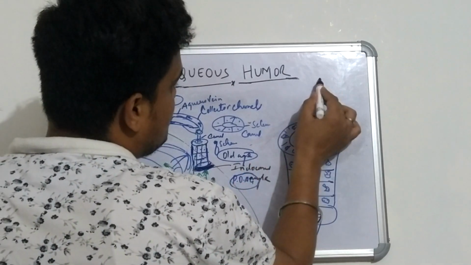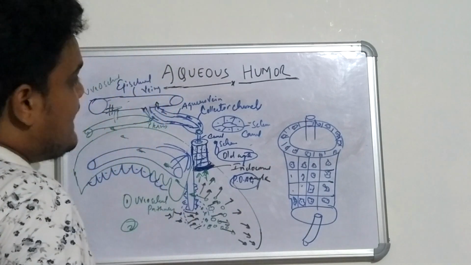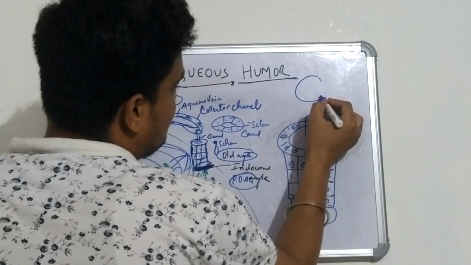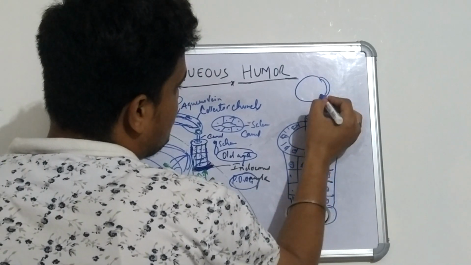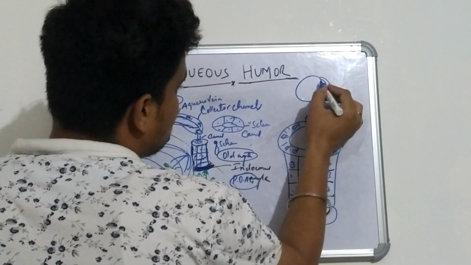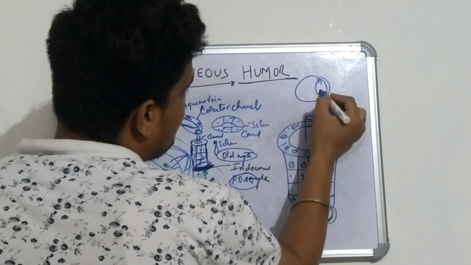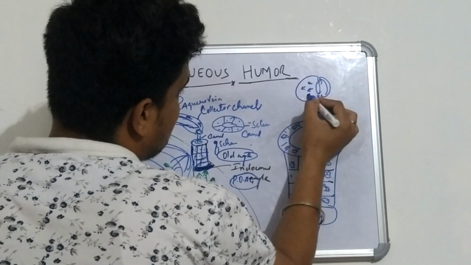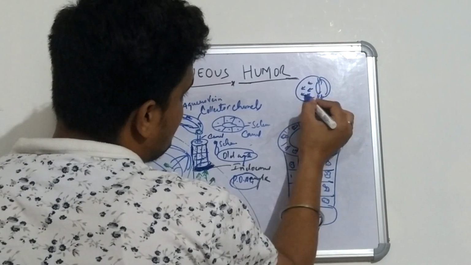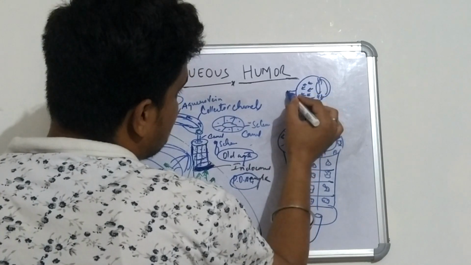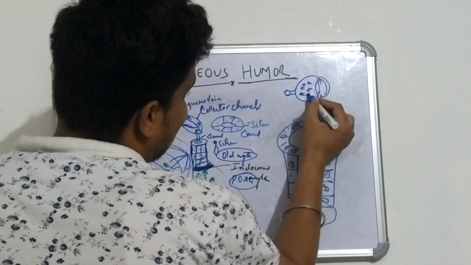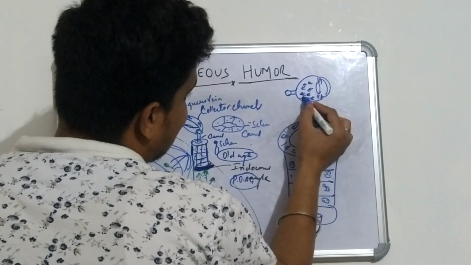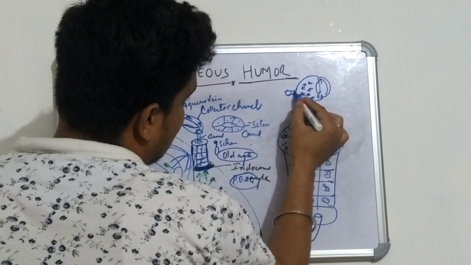So I would like to conclude with this particular thing: in the raised intraocular pressure condition, suppose there is a high intraocular pressure which is exerting a force on the back surface also, and there are a number of ganglionic cells which are present here.